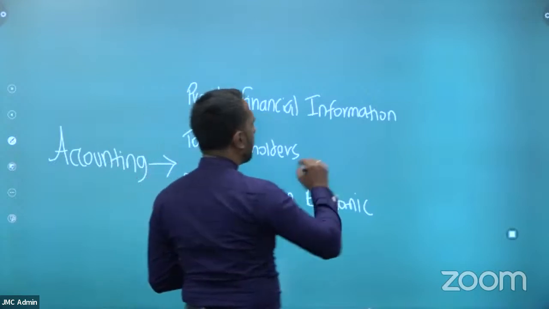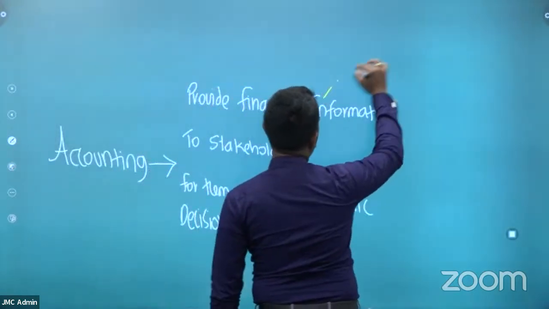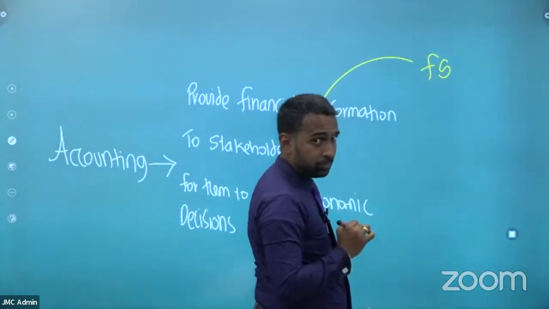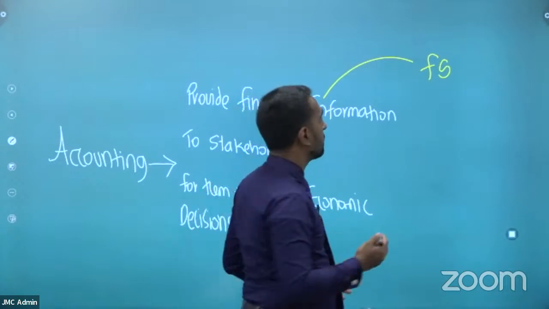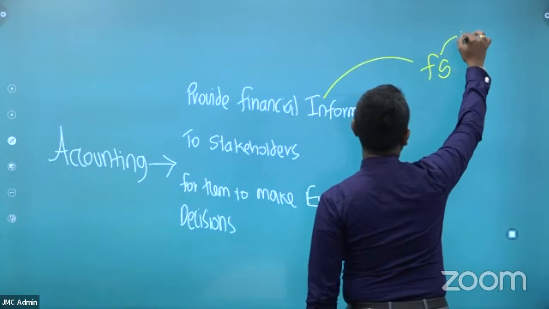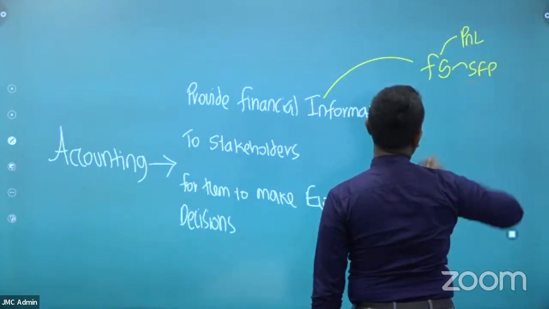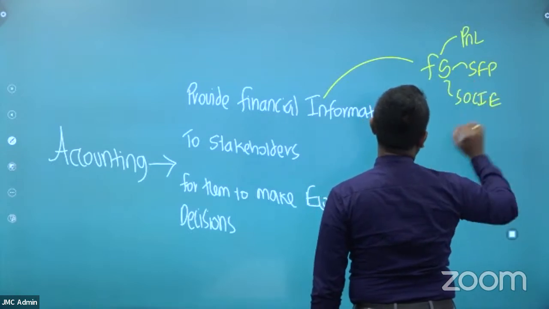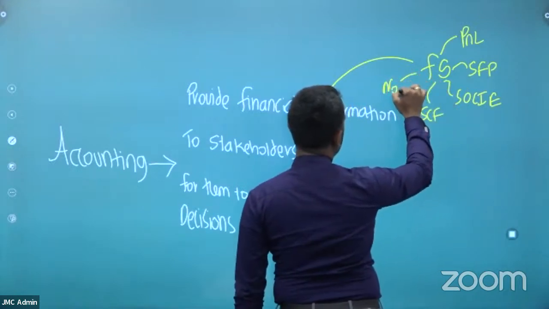Financial information is communicated in terms of financial statements. What we provide is a set of financial statements. These financial statements include profit or loss, the statement of financial position, the statement of changes in equity, and the statement of cash flows and notes.